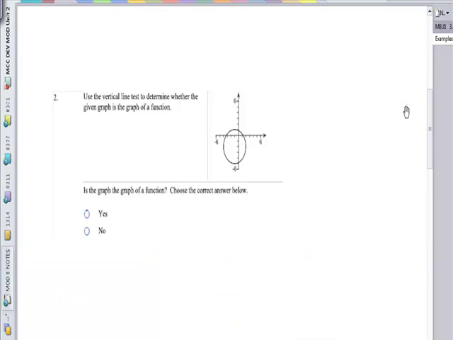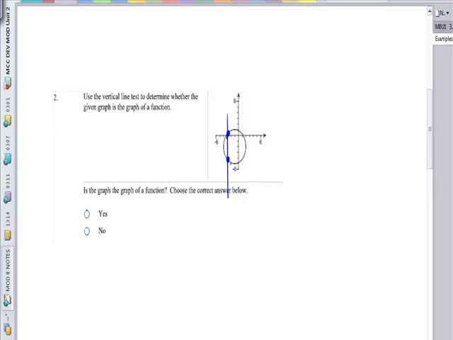All right, once again, I'm going to use the vertical line test to determine whether the given graph is the graph of a function. If I draw a vertical line anywhere, you can see that it crosses my relation in two places. That means for that x value, there's a y up here and a y down here.